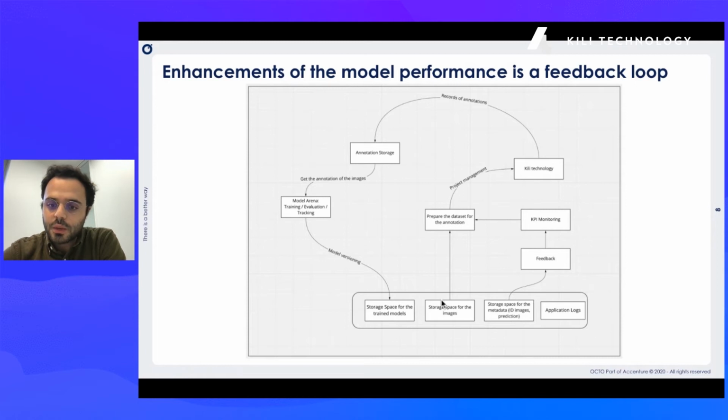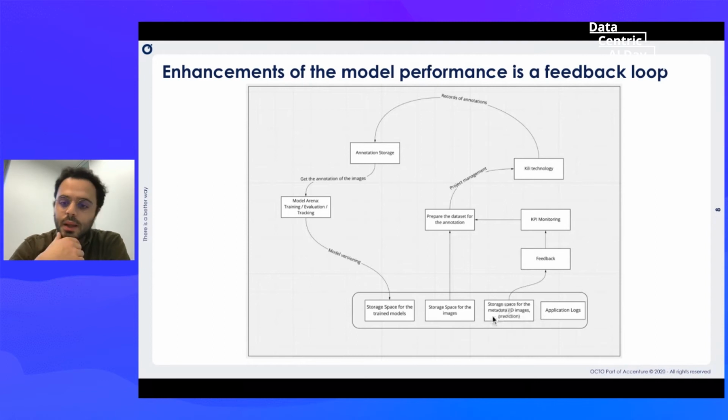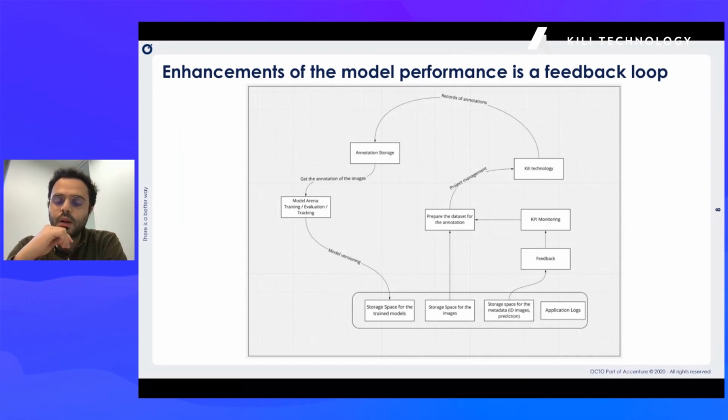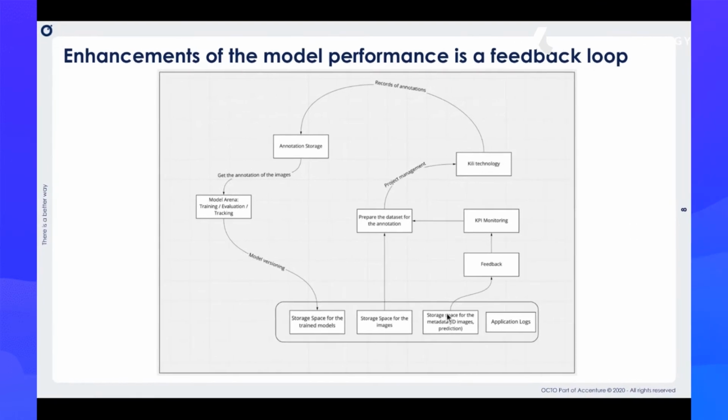So the storage space with the images, and you will also have a storage space with the metadata, meaning the identification of the images and the predictions that are done live on the production line or on your drone or wherever your edge device is deployed. Then you will try to collect the feedback from the predictions that are done.